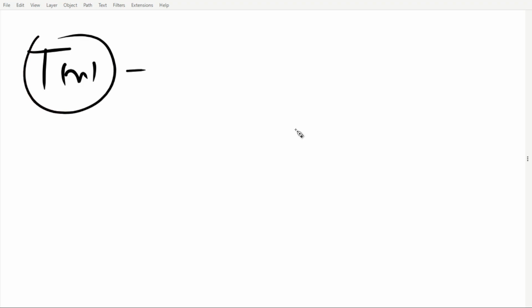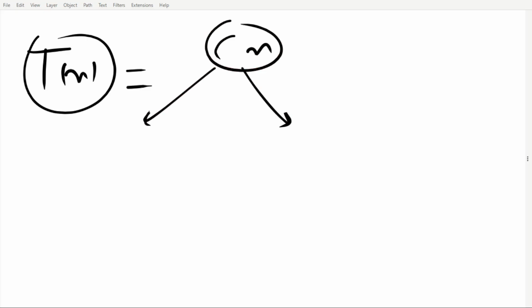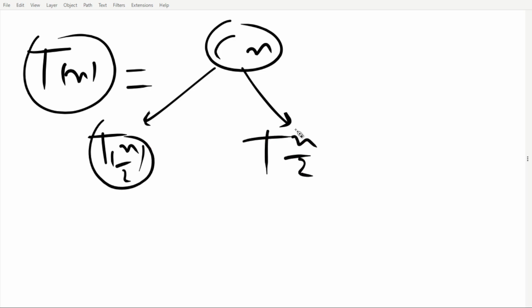So we start with T(n). At the root we have Cn, it has two children, T(n by 2). Again we continue like this.